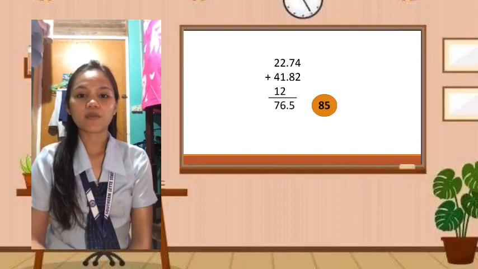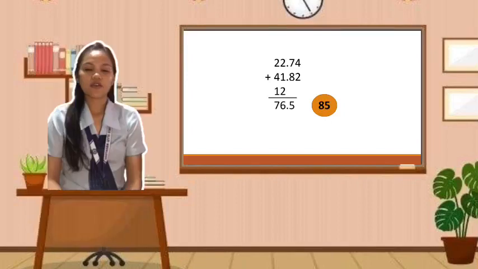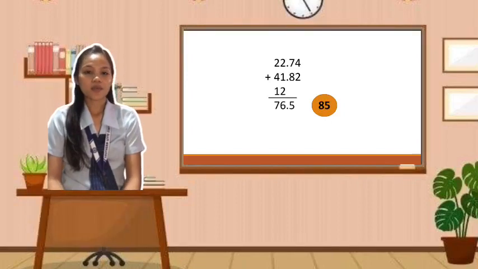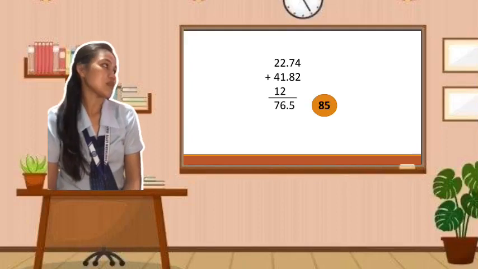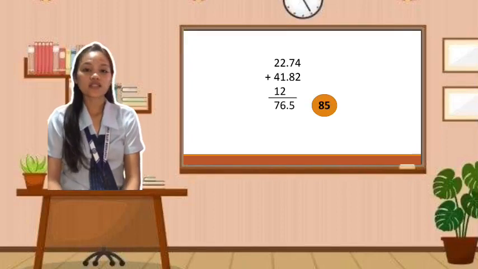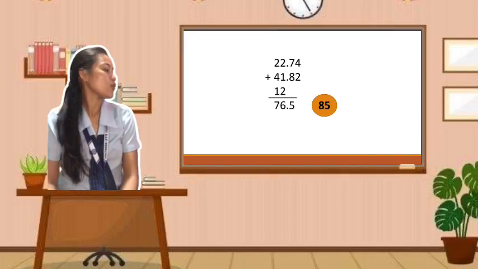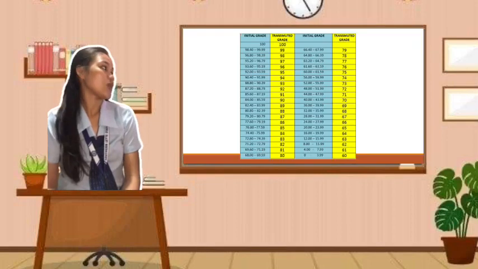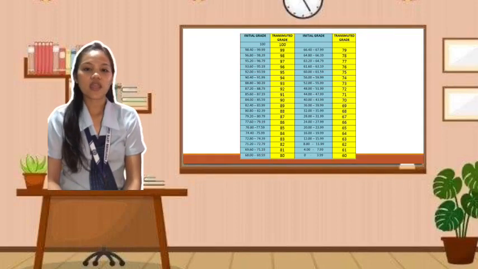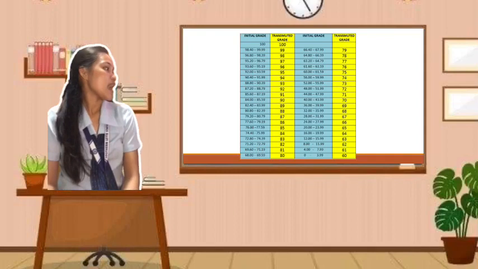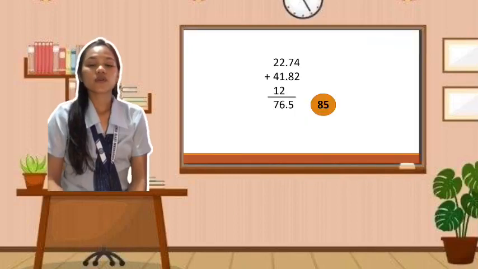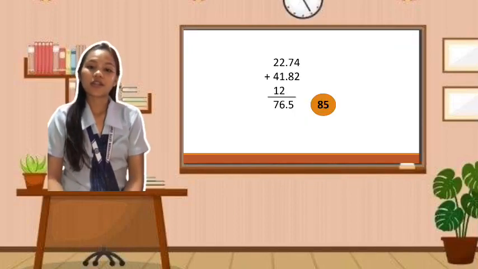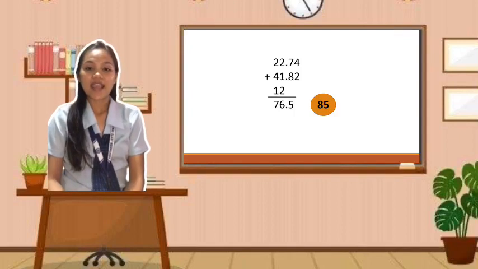To sum up all the calculations from written work, performance task, and quarterly assessment, we have 22.74 plus 41.81 plus 12. It totals 76.5, and when we transmuted the grade, we have 85. The grade of Julia Anderson in Araling Panlipunan is 85.